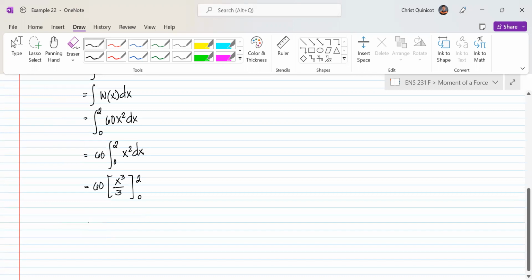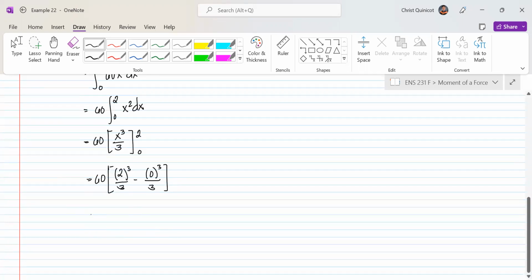This becomes 60 times 2 cubed over 3 minus 0 cubed over 3, right?